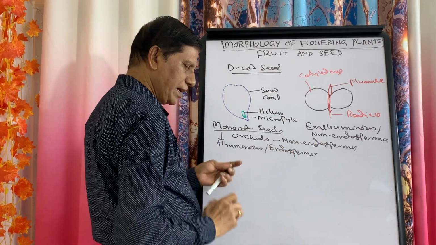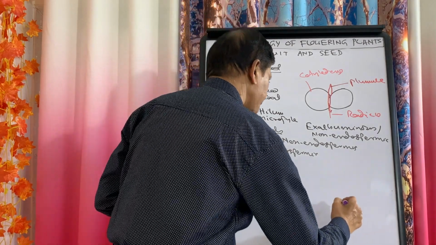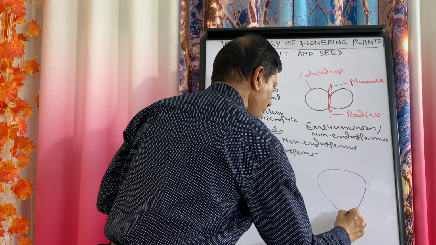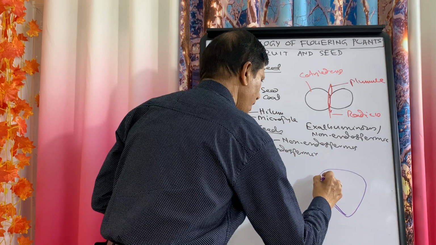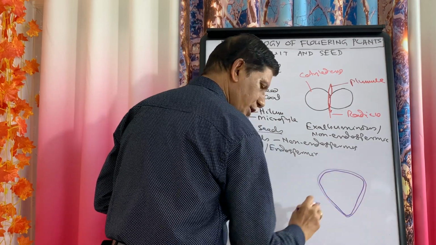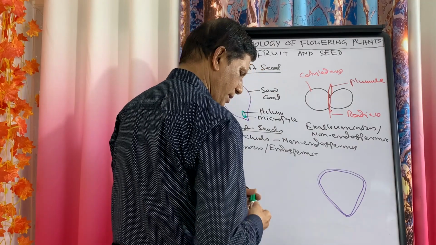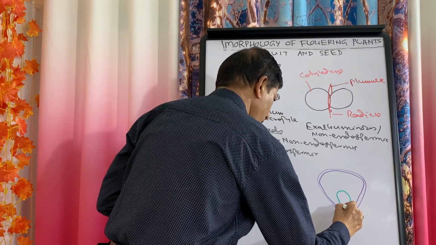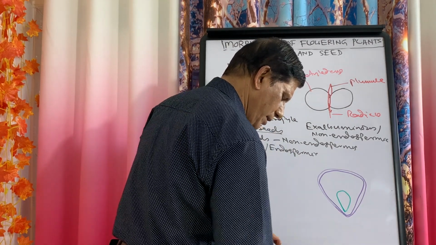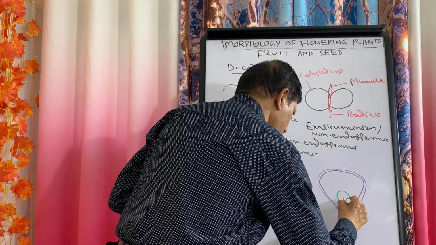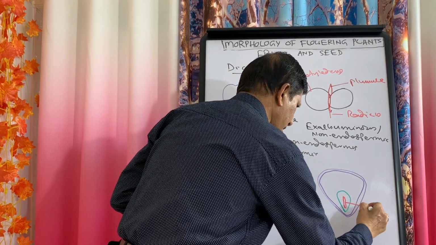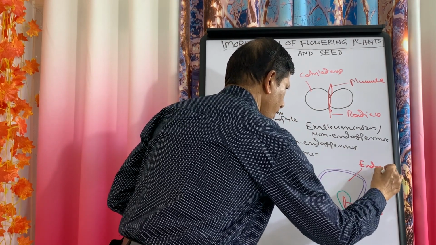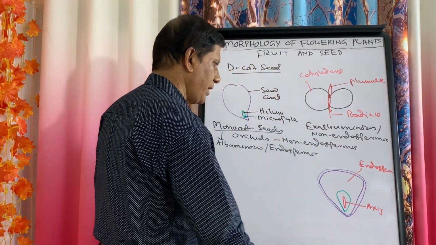So if we draw the diagram of the seed, this is the outer seed coat, and this is the axis and this is the endosperm. That means the endosperm is quite well developed.